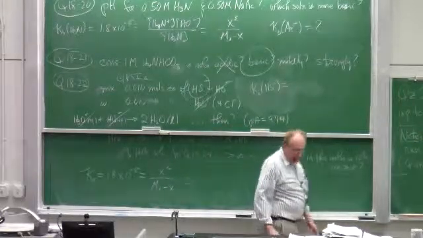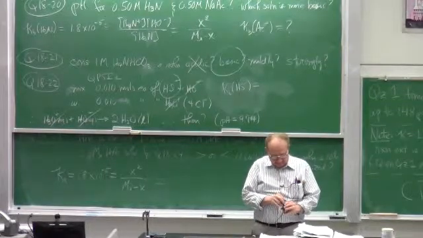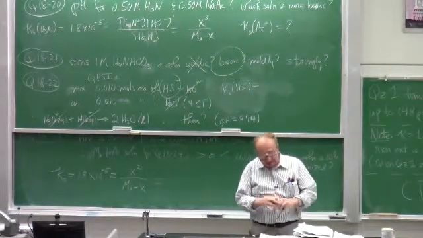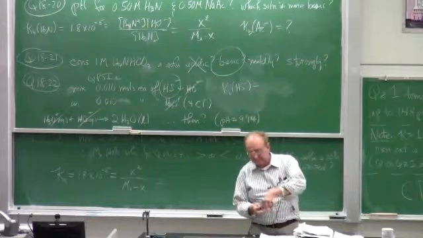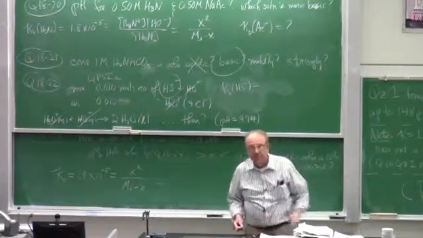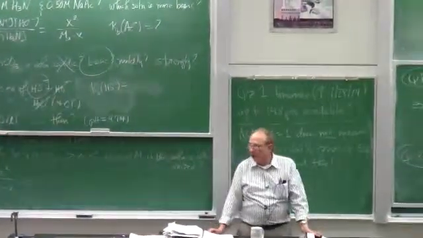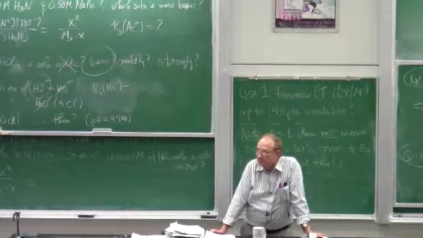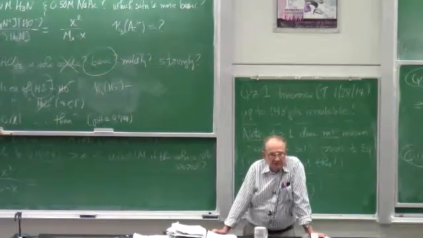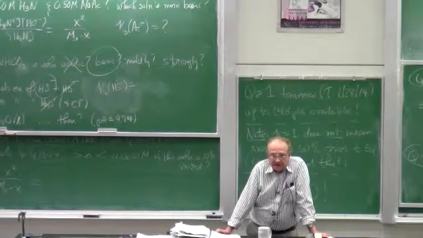How do we get Kb for HS minus? Kw divided by Ka for what acid? What's the conjugate acid of HS minus? No, no. H2S. Hydrogen sulfide. Which is on the acid-base table.